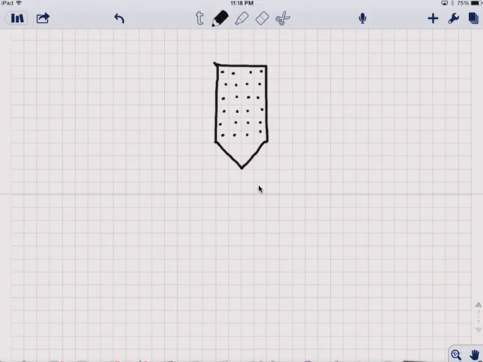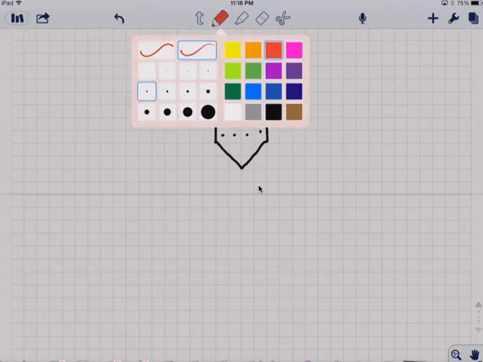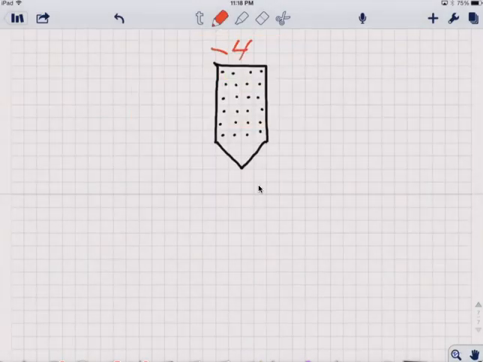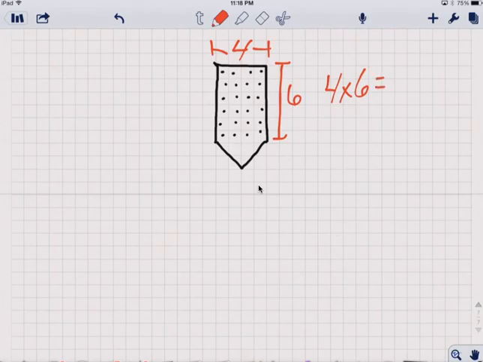There's that same area of 24. This time it comes from an array that is 4 boxes by 6 boxes. So 4 times 6 gave me that rectangle of 24 boxes, but you notice I've got this part down here to deal with this time.